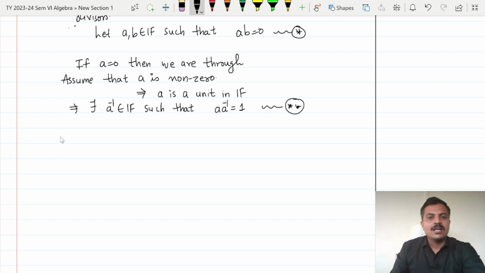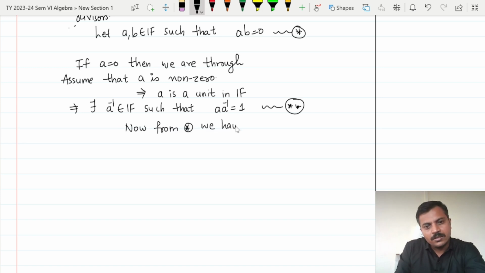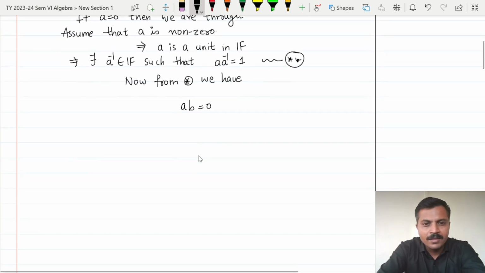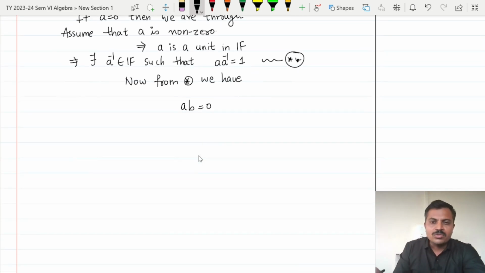Now from star, what we have is AB is equal to 0, right? Can you guess what I should write now? What should be my next step? I will pre-multiply by A inverse.